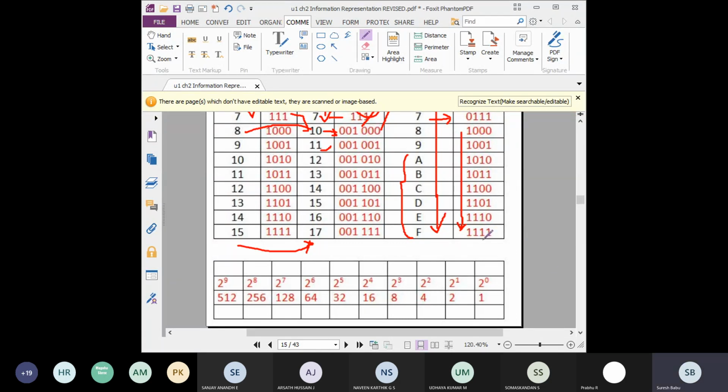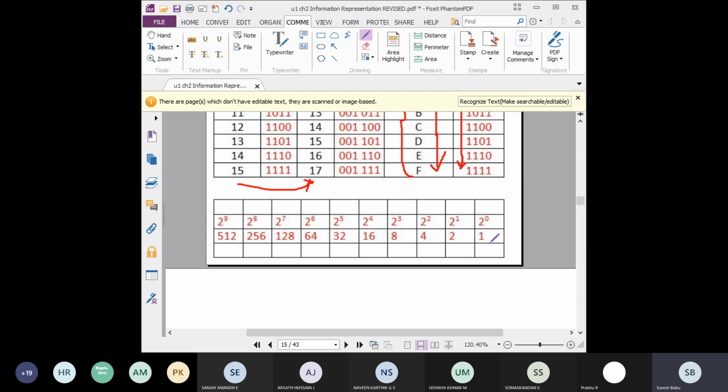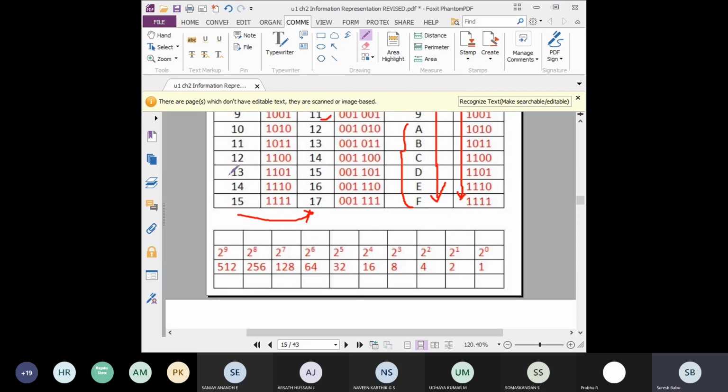Now the next thing: you have another method to get the equivalent binary digits. This is the tabular column, see below. I want to show you. Now I want to get the value for this 13 using this table below. So 13 means 1101.